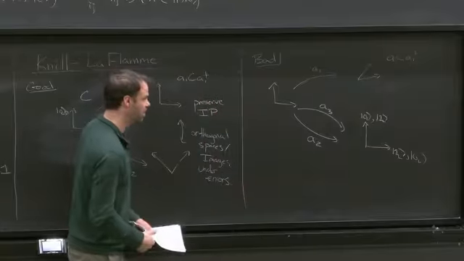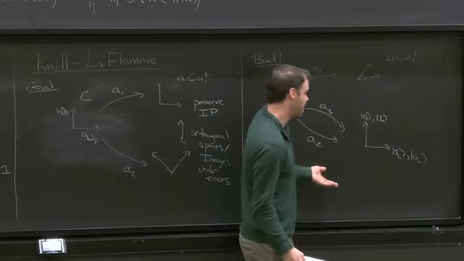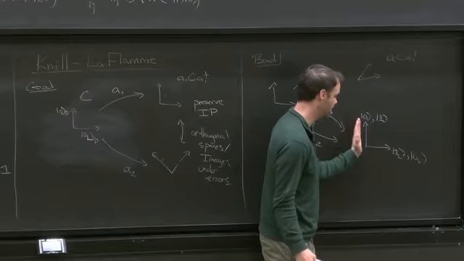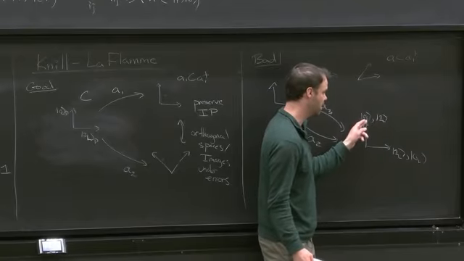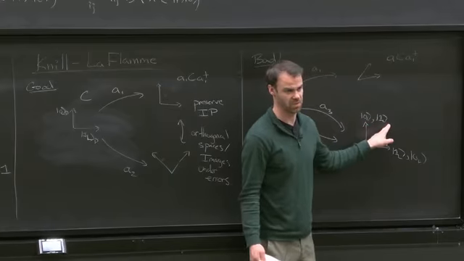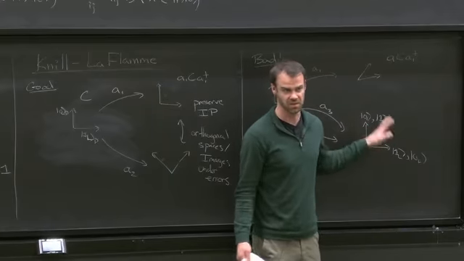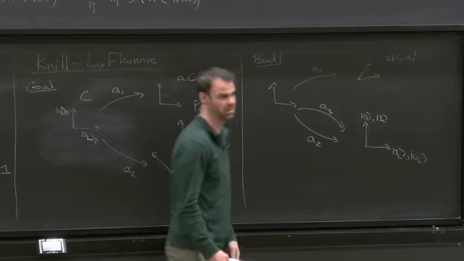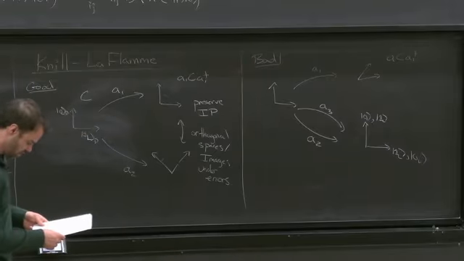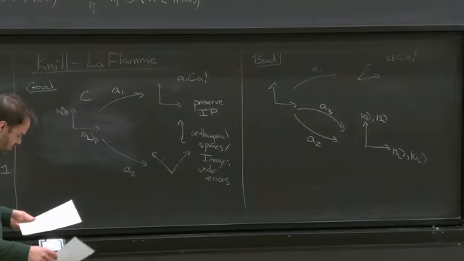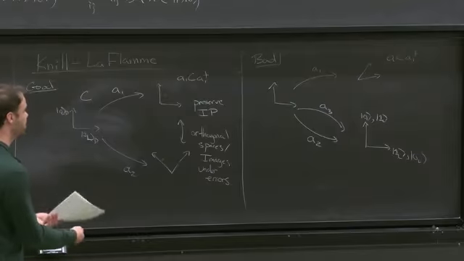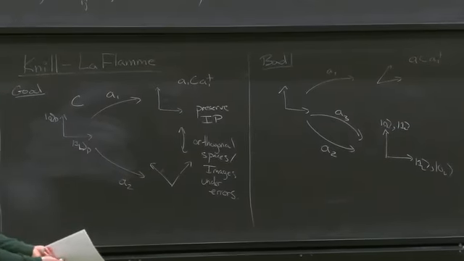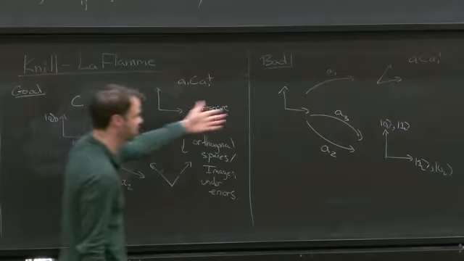So if the error happens, I don't know which error happens, and I look here and I see that I'm in this vector, I don't know if that came from the input being 0 or the input being 1. I've lost that information. So this is also bad. Those are the intuitions for what conditions I should have for my error to be correctable. I should be in this situation and not in that one.